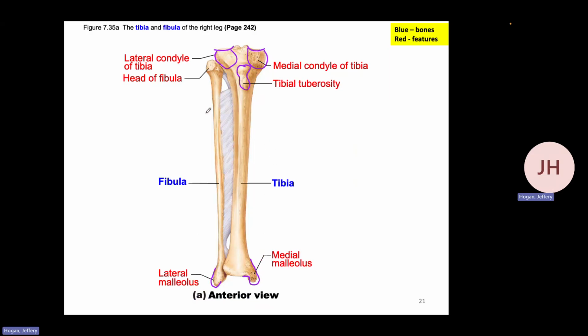The fibula is on the lateral side of the leg, so lateral over here, medial over here on this side in this diagram. So we have our head of the fibula proximally, and then the lateral malleolus distally with a long shaft and another interosseous membrane here acting as a ligament holding these bones together so that they don't separate.